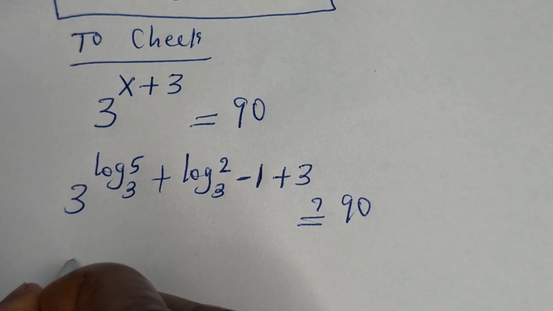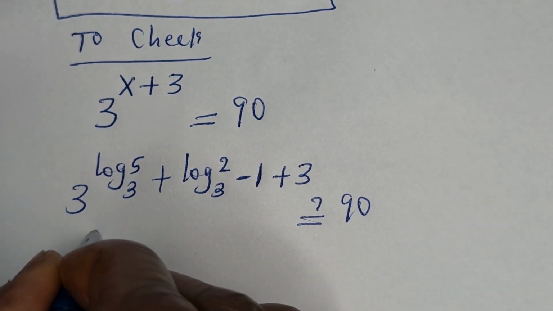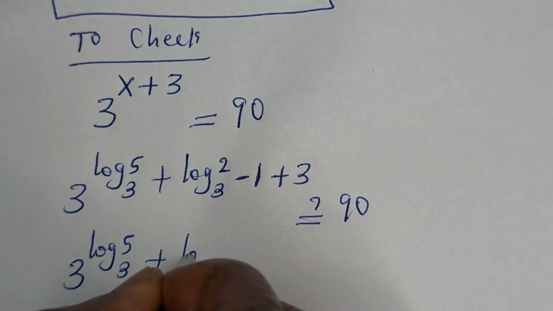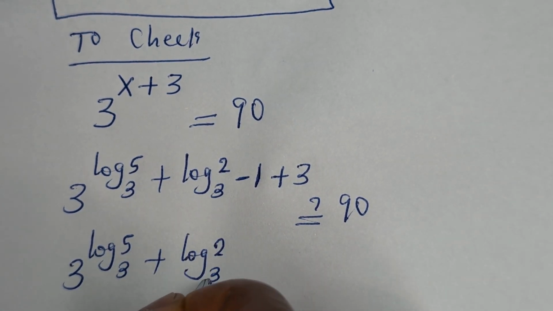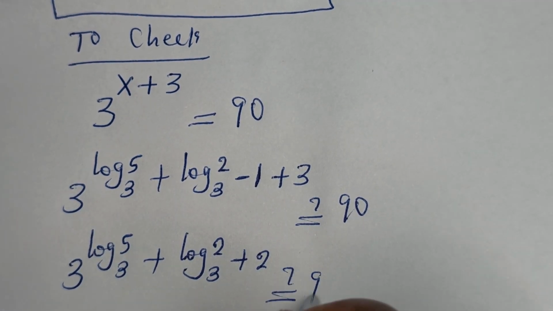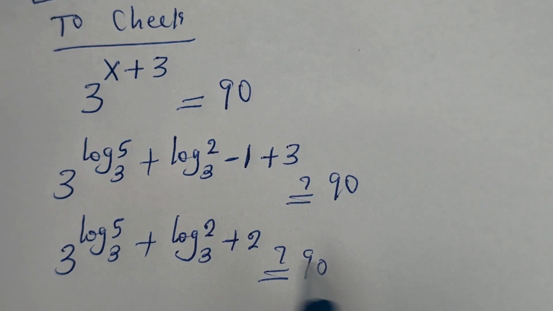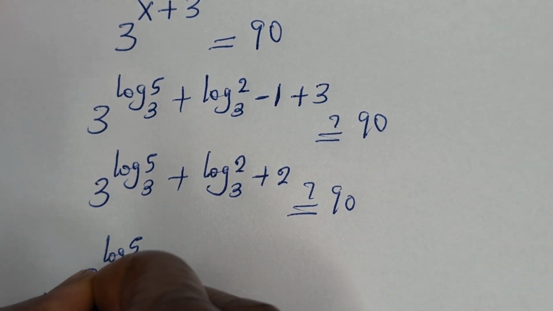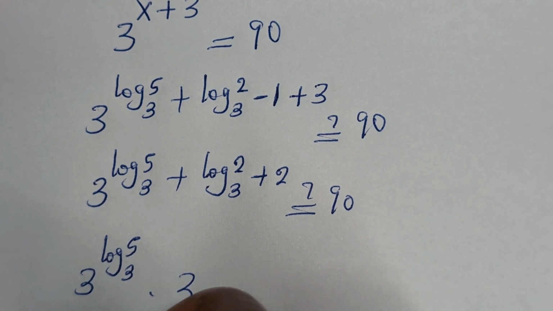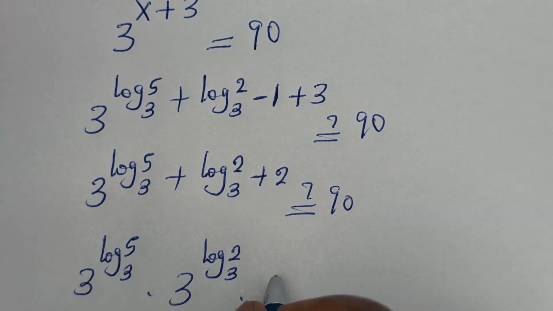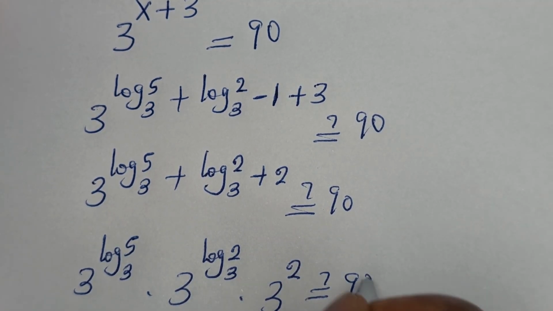Then here we have 3 raised to power log 5 base 3 plus log 2 base 3 plus 2 must be equal to 90. Then this can be written as 3 raised to power log 5 base 3 multiplied by 3 raised to power log 2 base 3 multiplied by 3 square must be equal to 90.